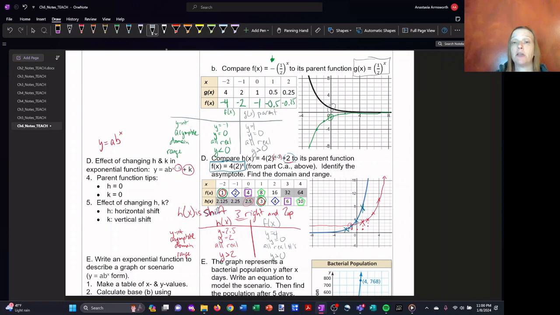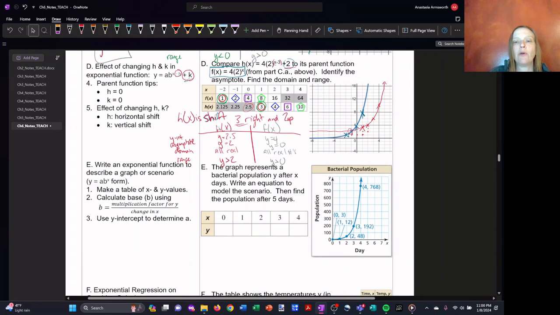So it is possible to do these more complicated transformations. Many of the equations we do will be the simpler version, but it's important for you to understand that these other transformations are possible and how to bring them about, the shifts left and right and up and down.